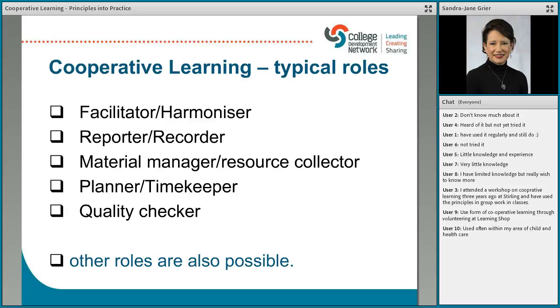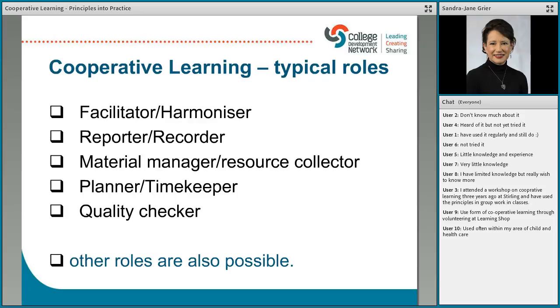But other roles are also possible, so it's about identifying the different types of processes and skills that are needed to actually achieve a task. So ideally, as a lecturer, you should know your learners and you should encourage all your learners to work through and participate in all of these roles over a variety of weeks or months or years.